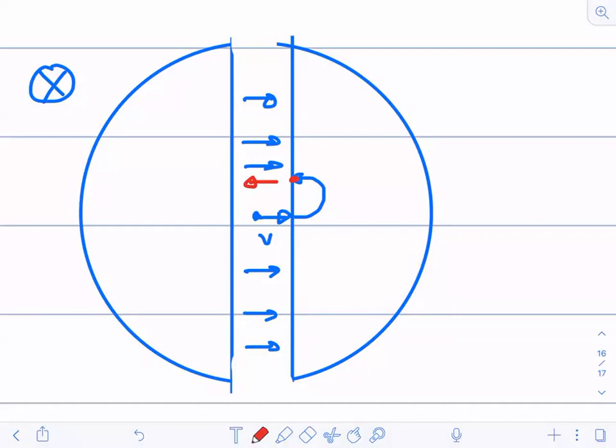Yes, its velocity will decrease. That is what we don't want. We don't want its velocity to decrease, because we want a high velocity particle.